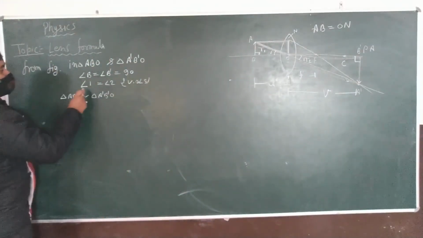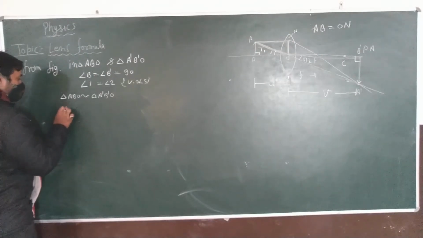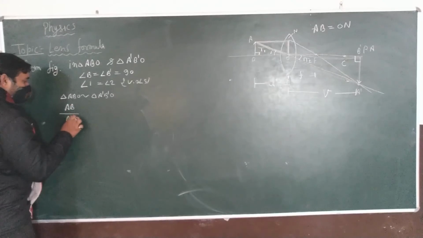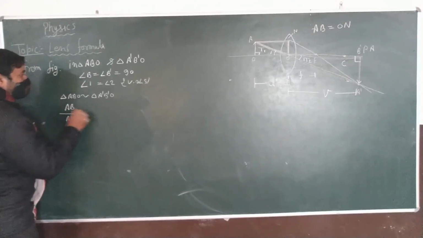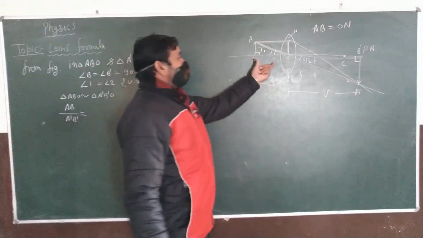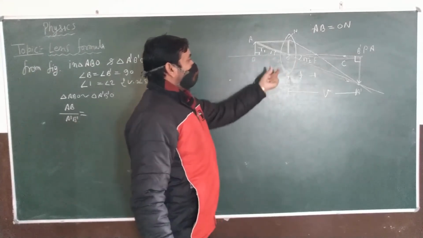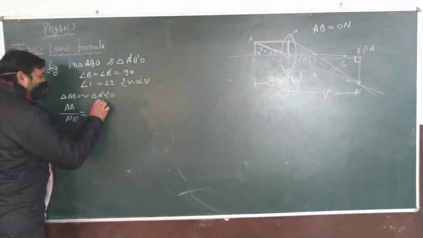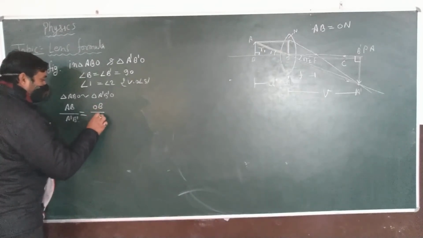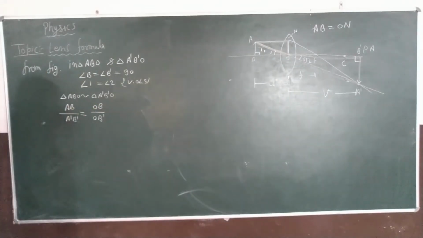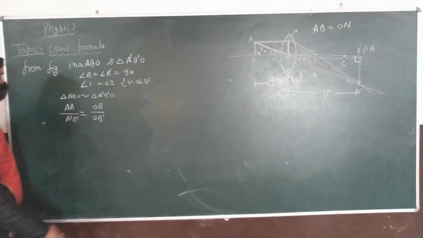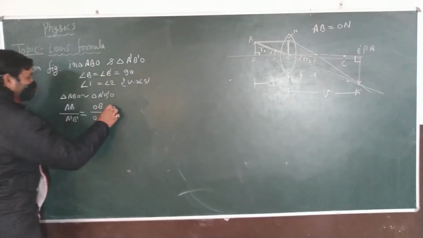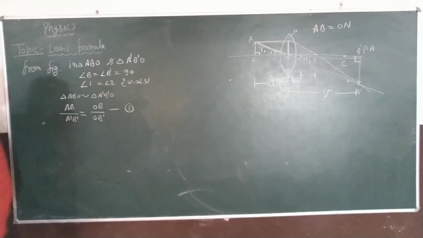So we can use AB upon A dash B dash equal to, by using distances OB and OB dash. OB and OB dash. Okay? Now this is equation first.